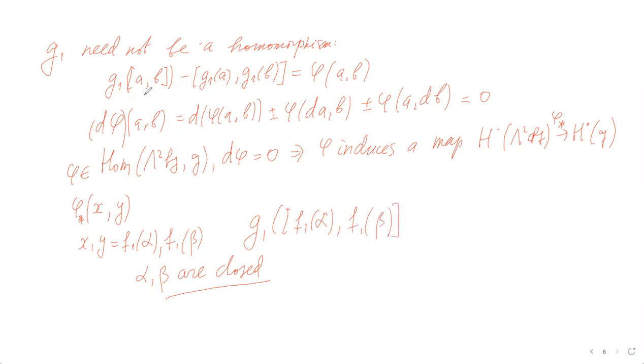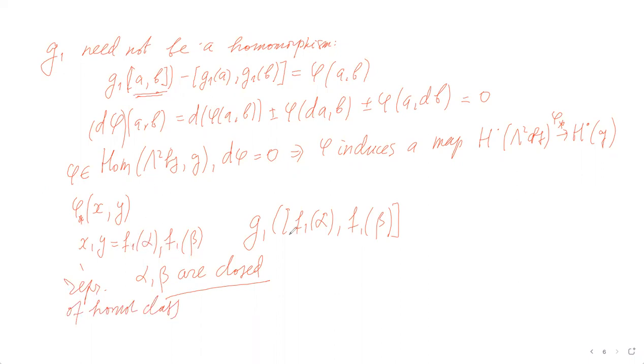You see, I replace this element here. So when I want to, sorry, not this element, let me see, this element here. When I replace x and y by elements in homology, I actually can replace these elements in homology by representatives, right? So if x and y are representatives of the homology class, what do we have here?